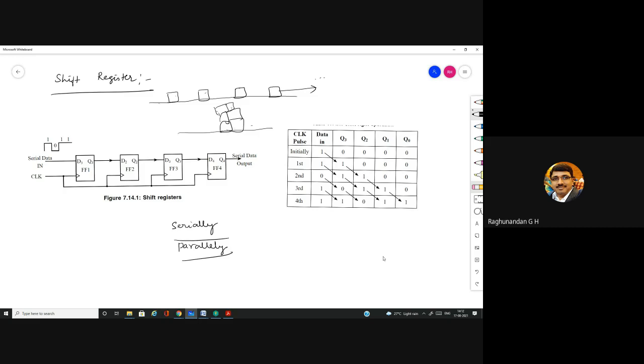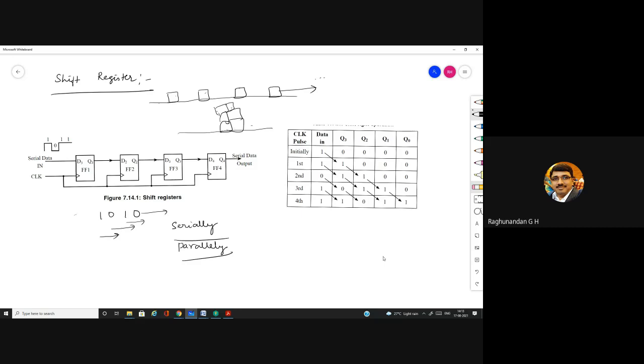Memory system is if you want to store bits one by one, then you can store the bits serially. Serially means back to back, 1 0 1 0. First 0 goes and gets saved, then the next one goes, and then the next one goes, and then the next one goes.